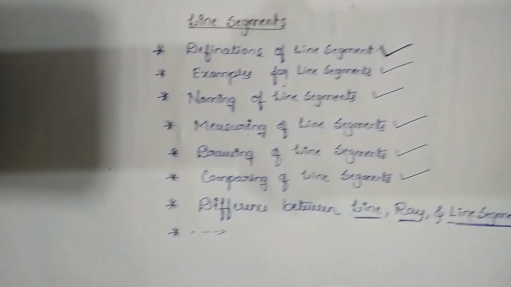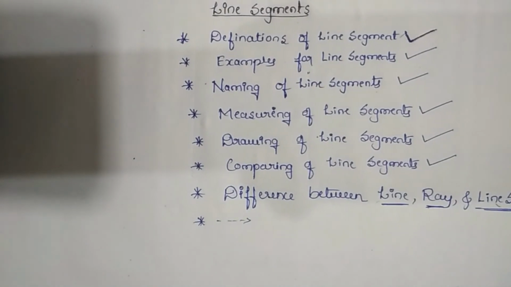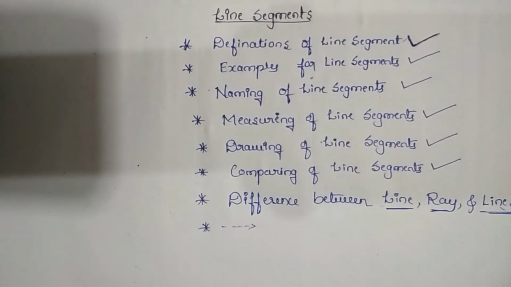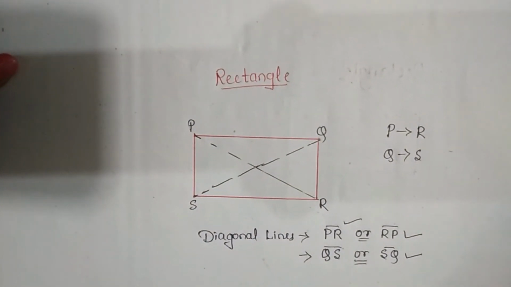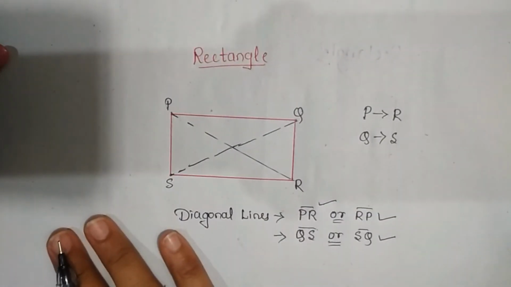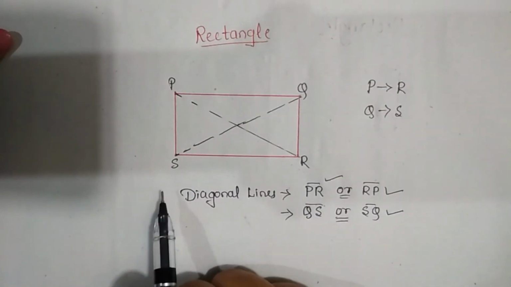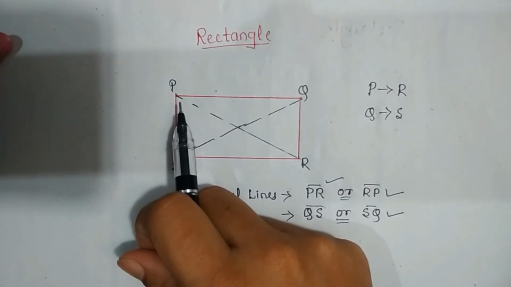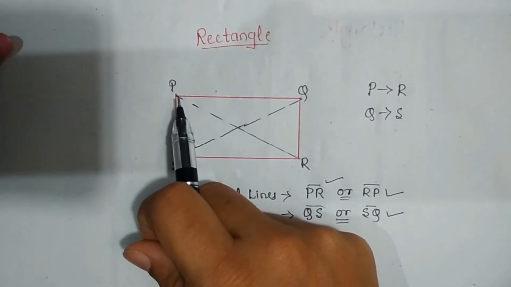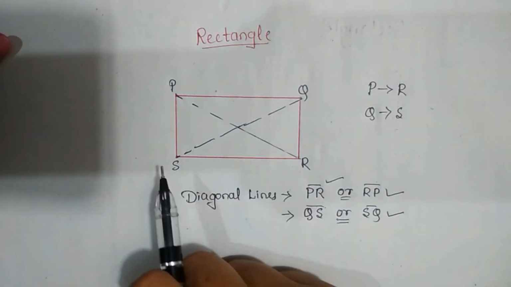Now, before giving you today's practice work, I want to tell you the answer to the previous video's practice work. In the previous video, I had given you a practice work of writing the diagonal lines on the rectangle. The given shape was rectangle PQRS.